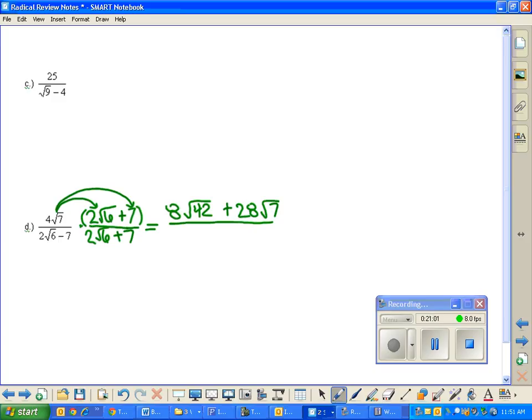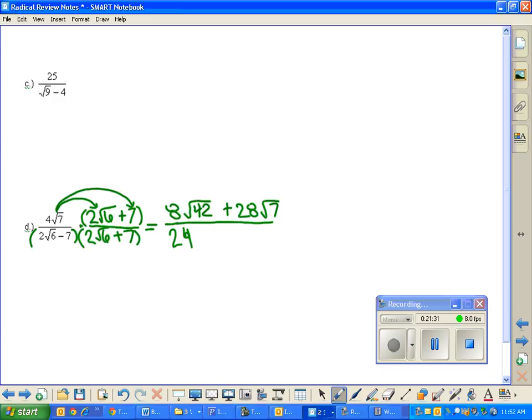On the bottom, our firsts are 2 square root of 6 times 2 square roots of 6. That is 4, right? 4 on the outside. Square root of 6 times square root of 6. That's just 6. 4 times 6, I'm going to rewrite that as 24 for you guys. 24.